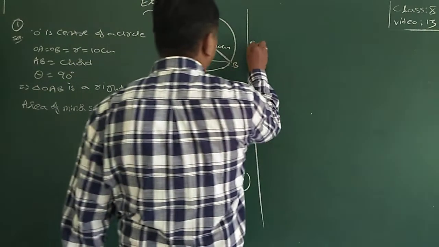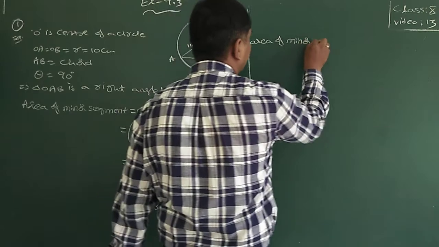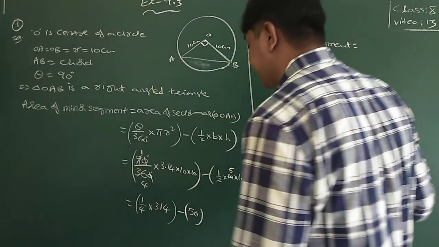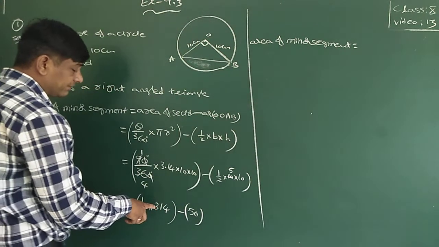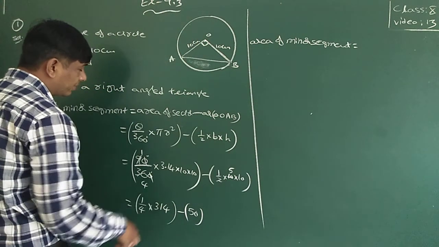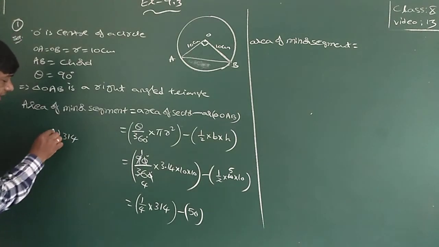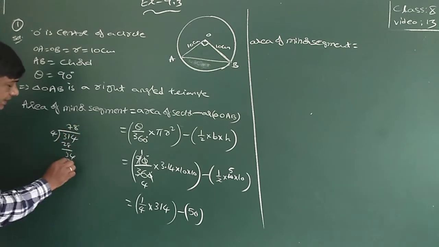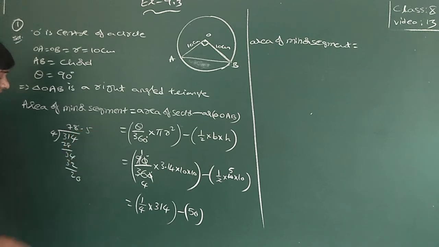Now the area of the minor segment is equal to, will we get cancellation? 4 7s are 28, 3 4. I think I don't get any cancellation here. 314 divided by 4: 4 7s are 28, 3 4, 4 8s are 32, 2.0, 4 5s are 20.